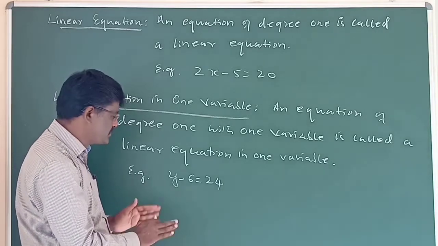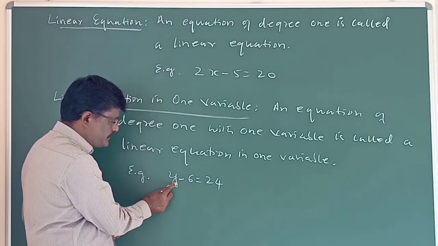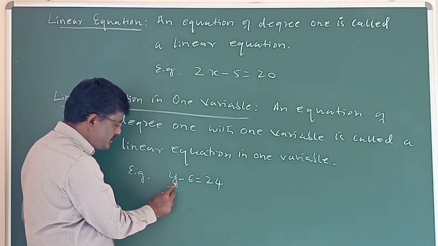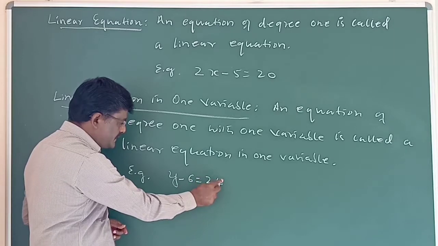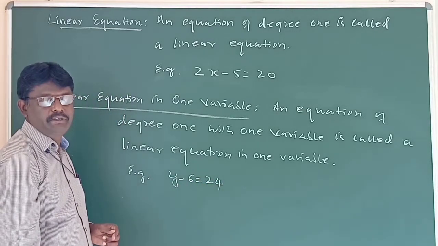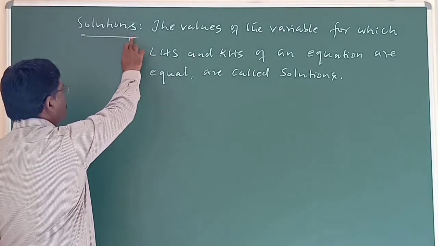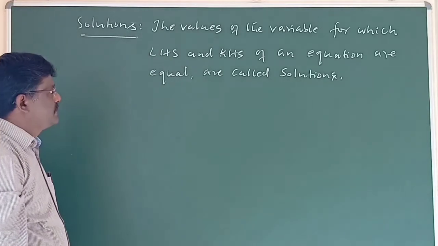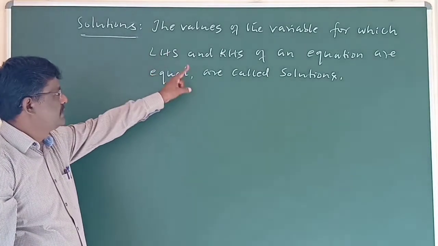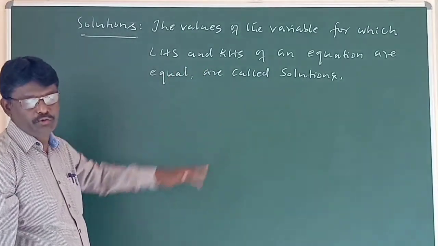In general, if the value of the variable is substituted here, and that value minus this equals 24, then we call that value the solution of the variable. The values of the variable for which the LHS and RHS of an equation are equal are called solutions.